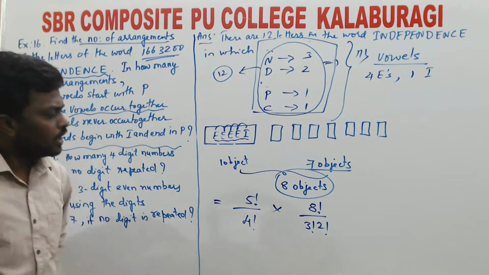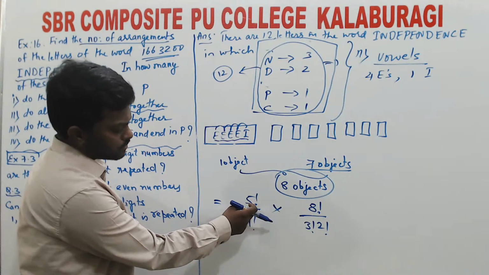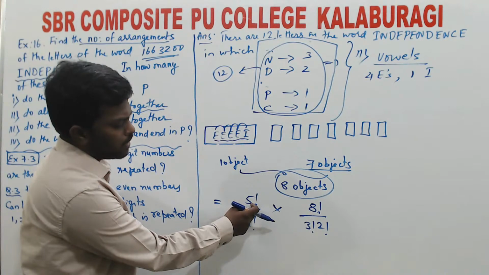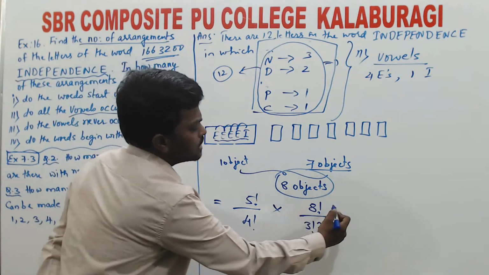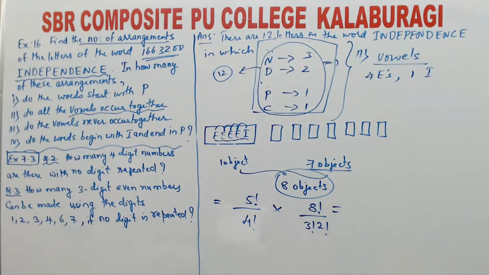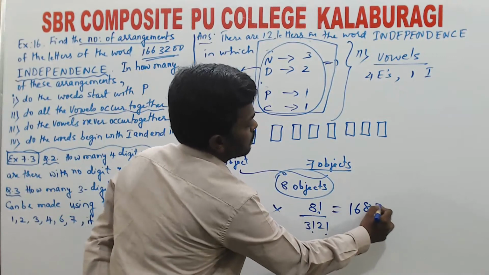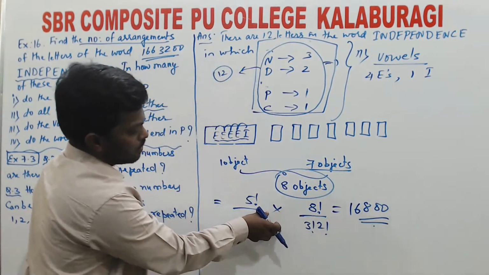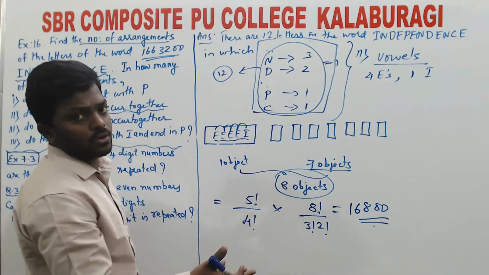Okay, so now just keep on simplifying. So 5 factorial means 5 into 4 into 3 into 2 into 1 divided by 4 into 3 into 2 into 1. So similarly simplify and the answer you will get is 16800. A lot of time will be going into simplification, and we have done simplification already, how a factorial is simplified.